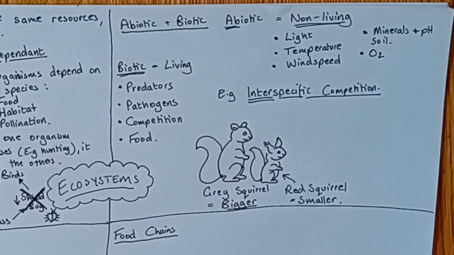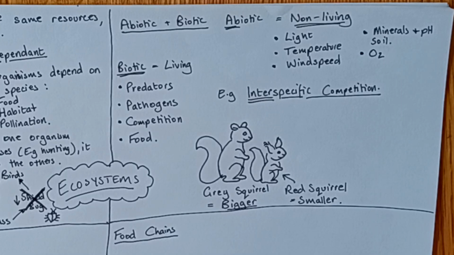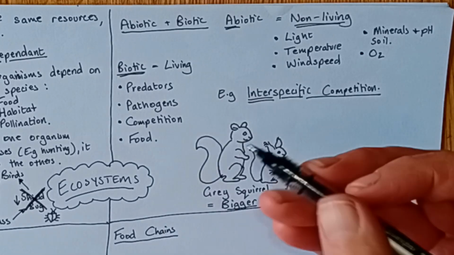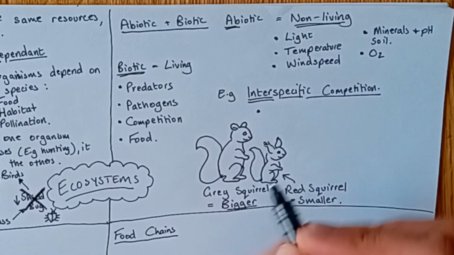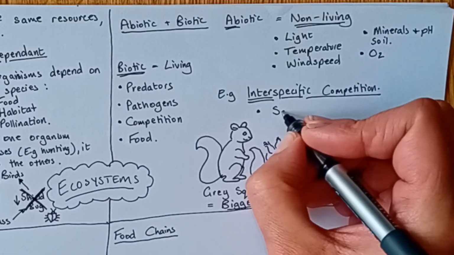So red squirrels are native to the UK, and when the grey squirrels were first introduced, they ate the same food and had the same habitat, and so they were in direct competition with each other. Even though they were different species, they had the same food and the same habitat.